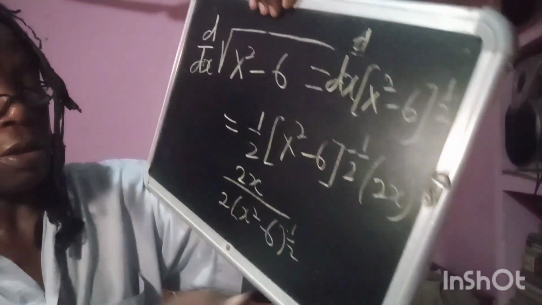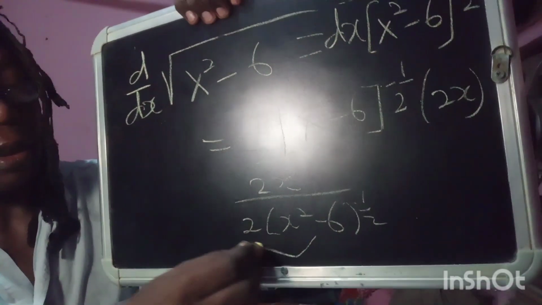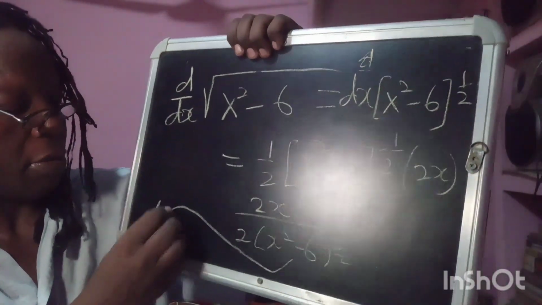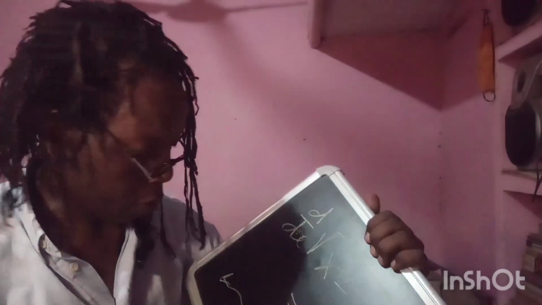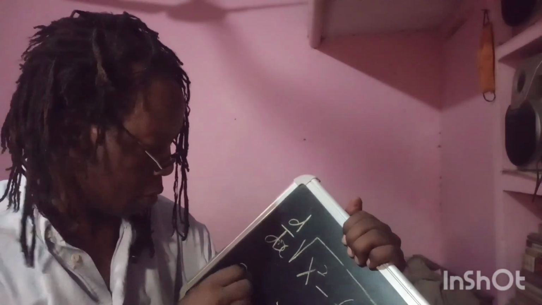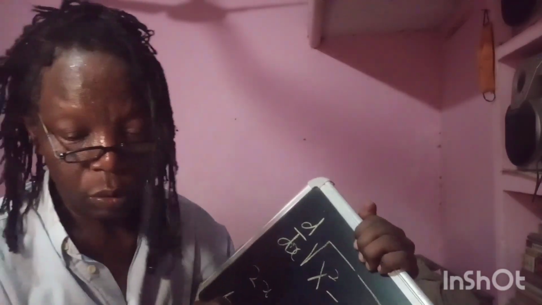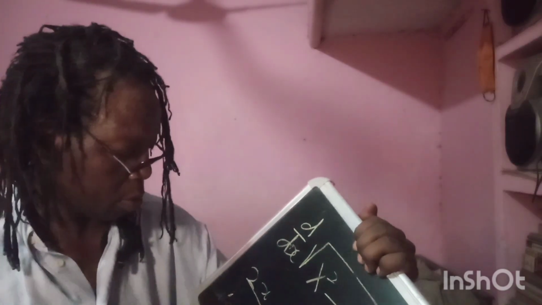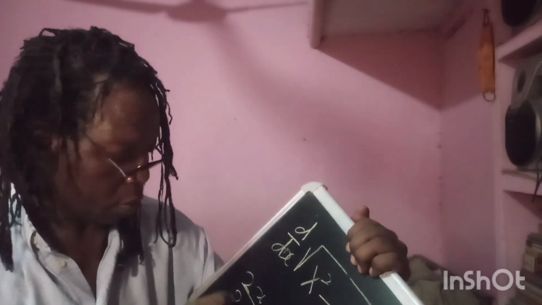So you can write it now like this: 2x over 2 times x squared minus 6 to the power half.